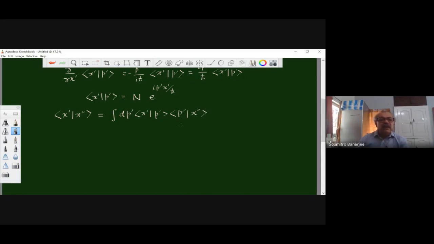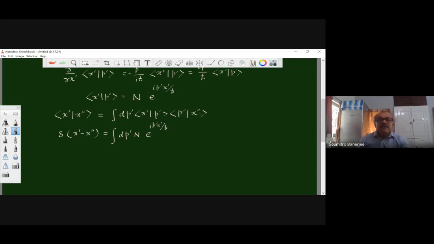Okay. Now the left hand side we know will be delta of x prime minus x double prime. And the right hand side, we know this is here. So we can write integral dp prime, and this one is n e to the power I p prime x prime by h cross.